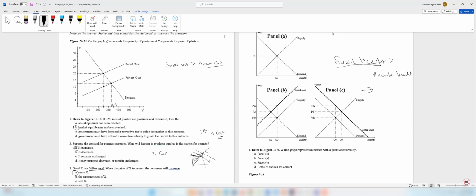So this one is with no externality. This is with negative externality because the social cost is higher than the private cost. And this is with positive externality because social value is higher than the private demand curve. So the right answer is panel C.